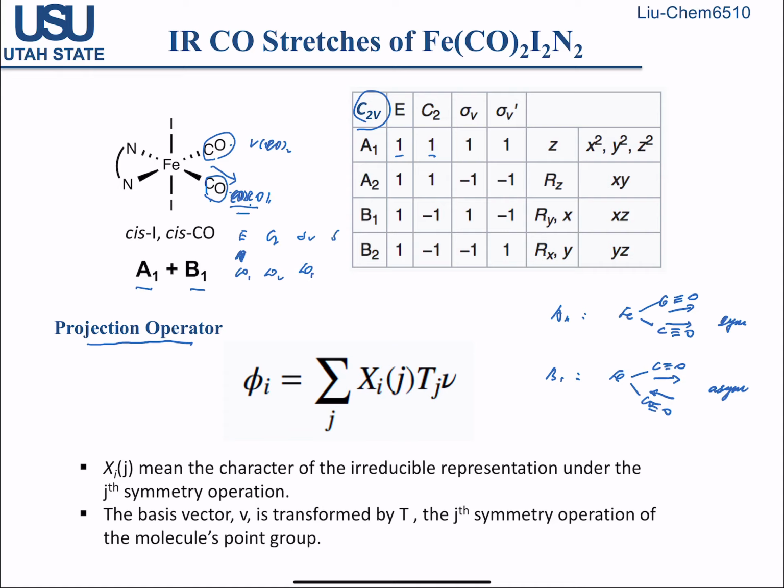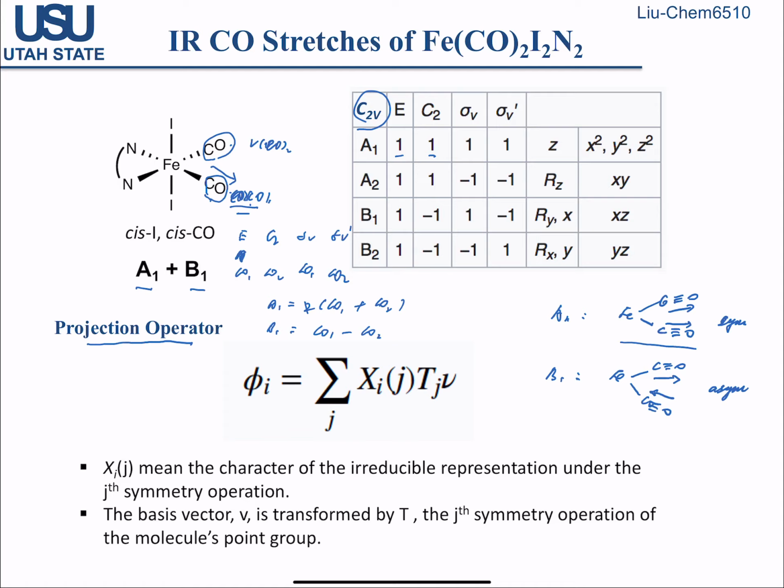But when you go to sigma v prime, you move to CO2. So overall, the A1 mode equals 2 CO1 plus CO2. That is what we call the symmetric mode. If you do the same thing, you will get, not worrying about the prefactor, CO1 minus CO2.